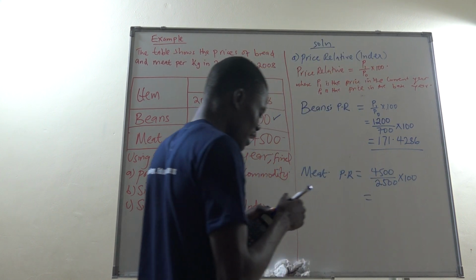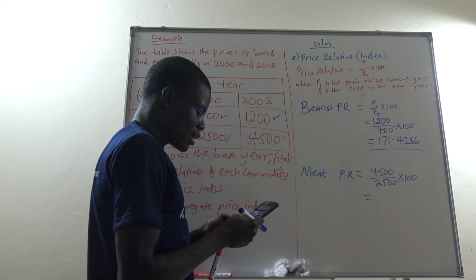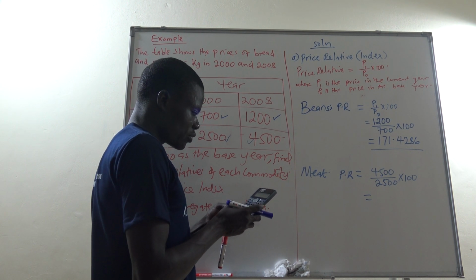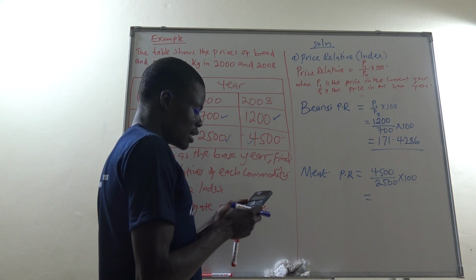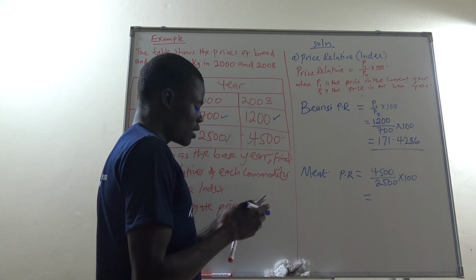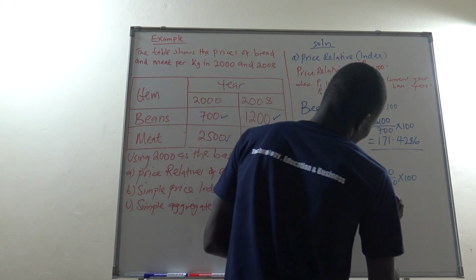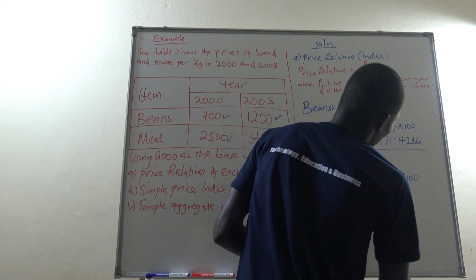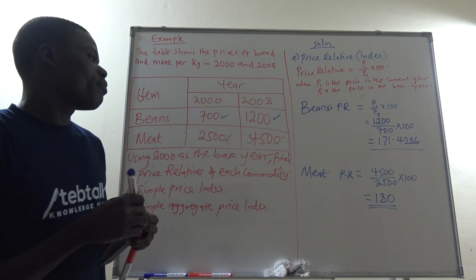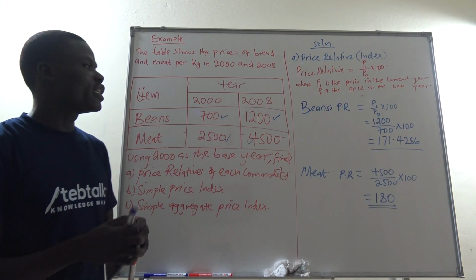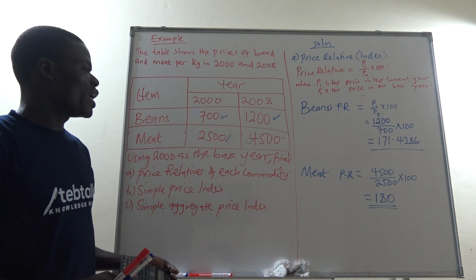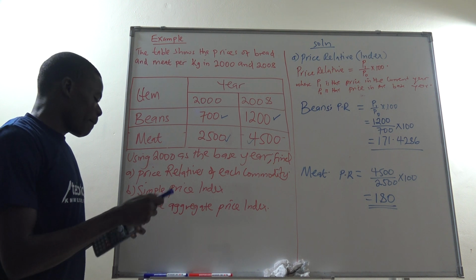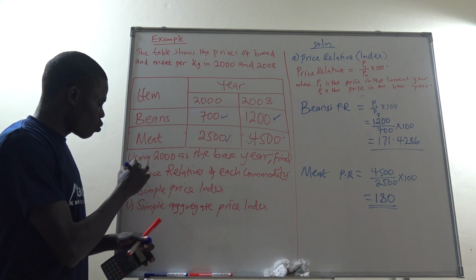So the answer we shall get here will give us our price relative of meat. 4,500 divided by 2,500 times 100, we get 180. So that becomes our price relative of each commodity, that is beans and meat. So we have completed our first part.